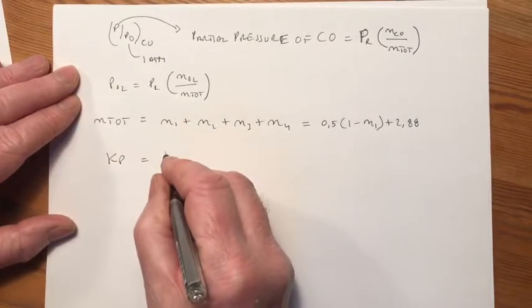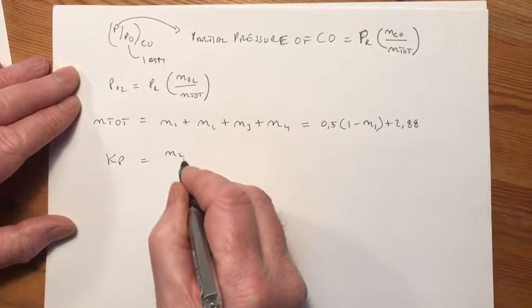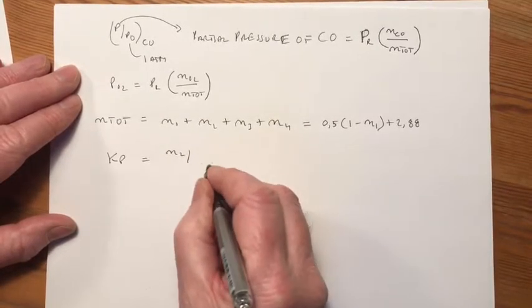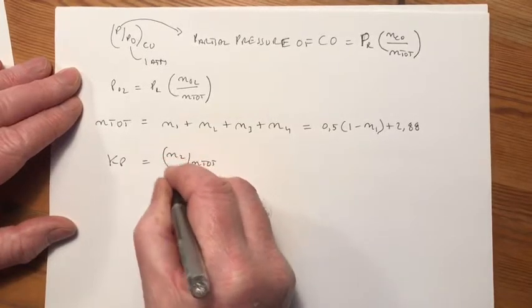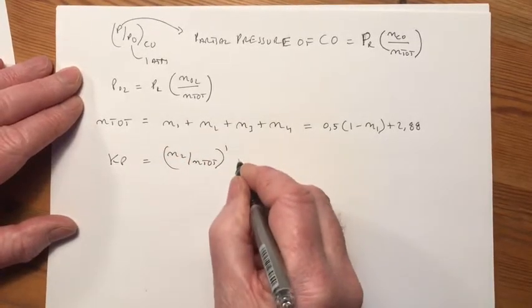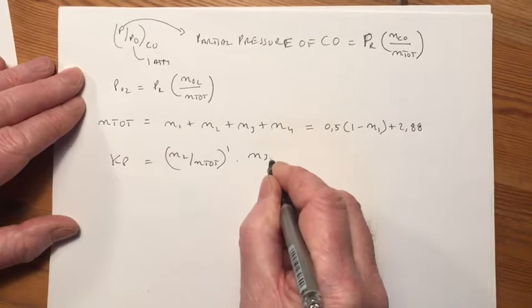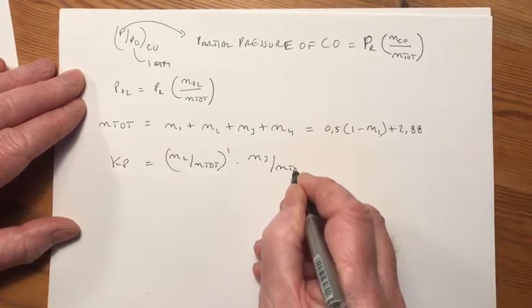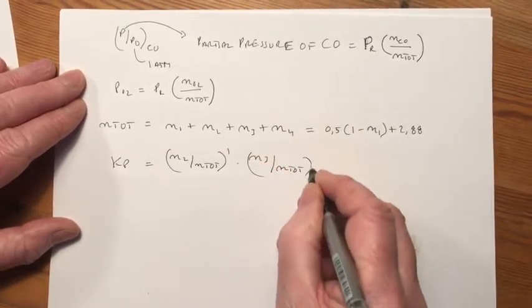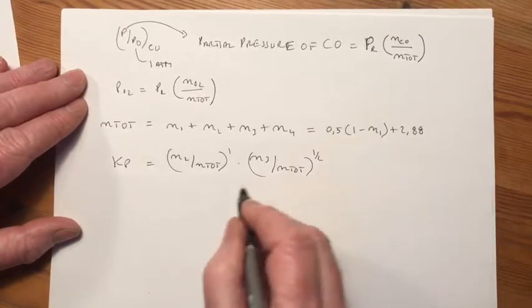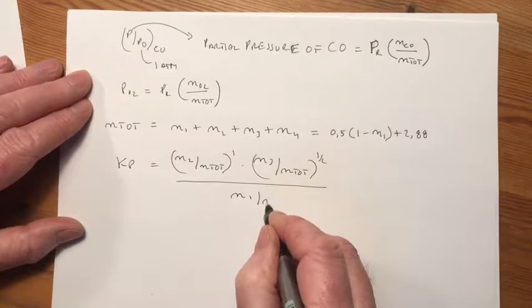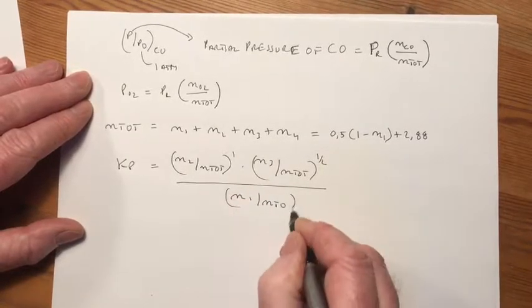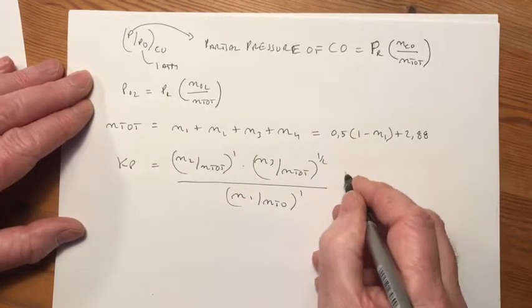That becomes equal to N2 divided by N total raised to 1, times N3 divided by N total raised to 1 over 2, divided by N1 over N total raised to the power of 1.